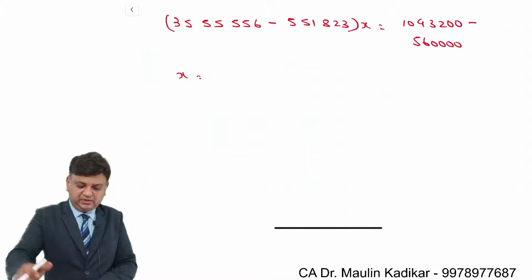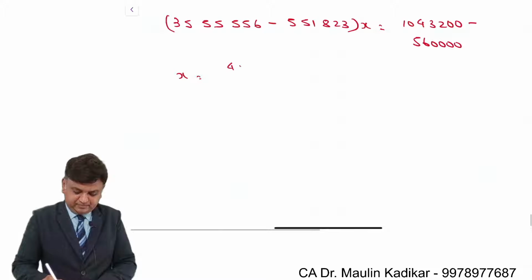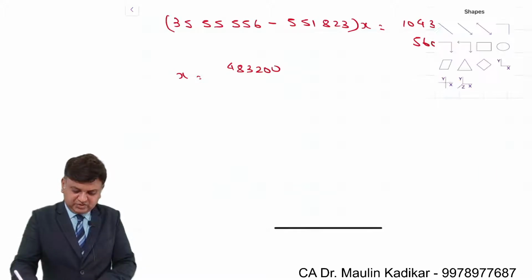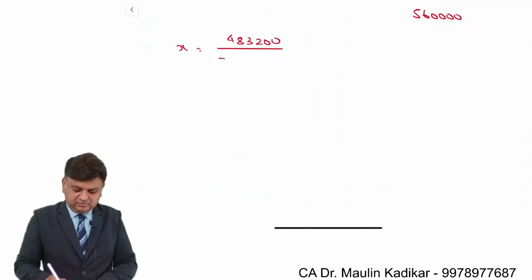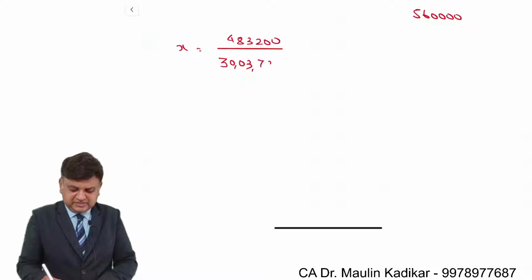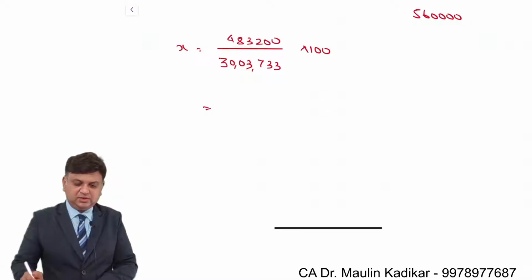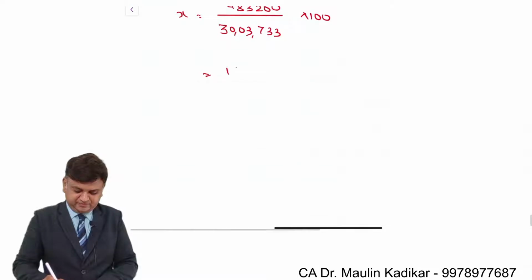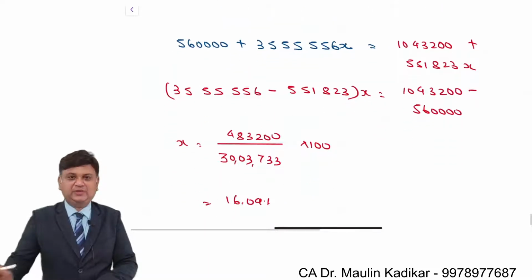So 10,43,200 minus 5,60,000, so 4,83,200 divided by 35,55,556 minus 551,823, that is 30,03,733, into 100 for getting answer in percentage. 483,200 divided by this is 16.09%. So effective cost of the factoring is 16.09%.